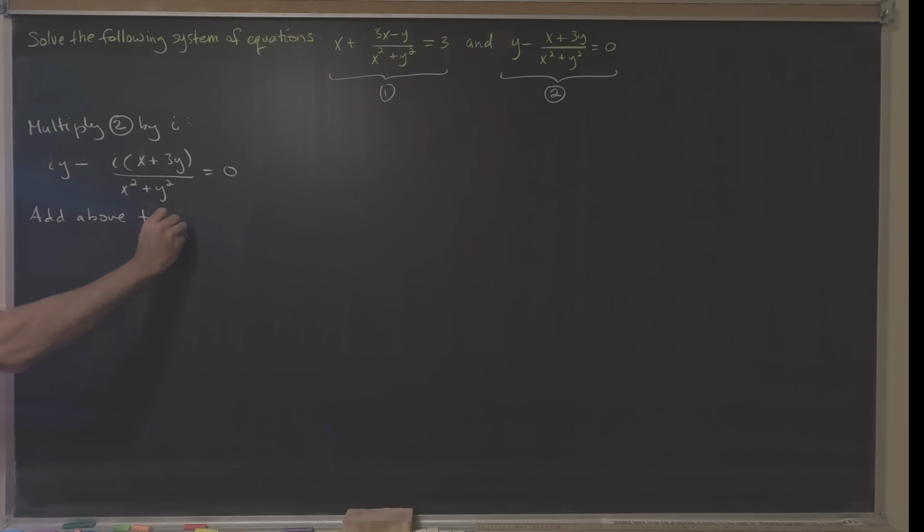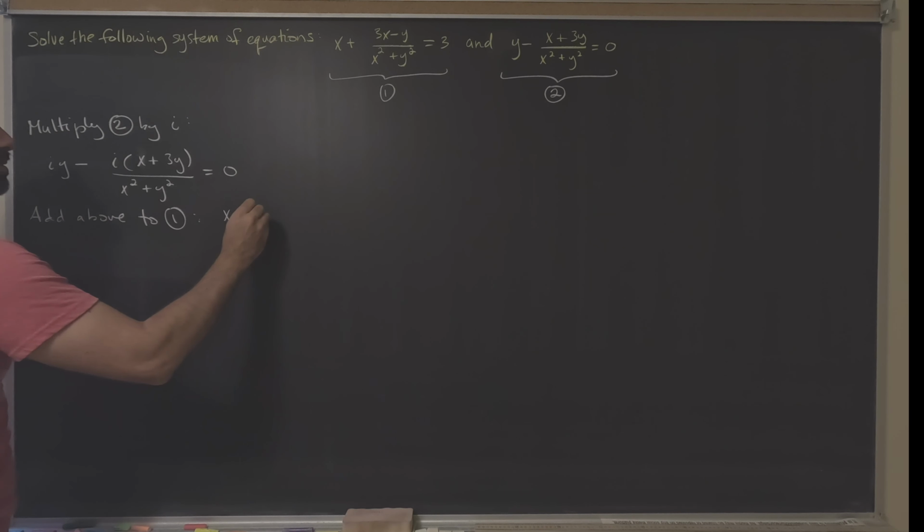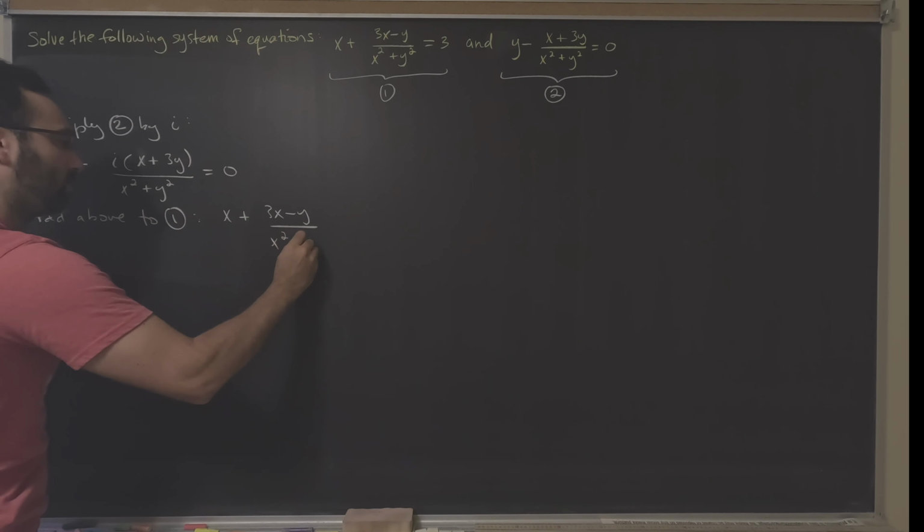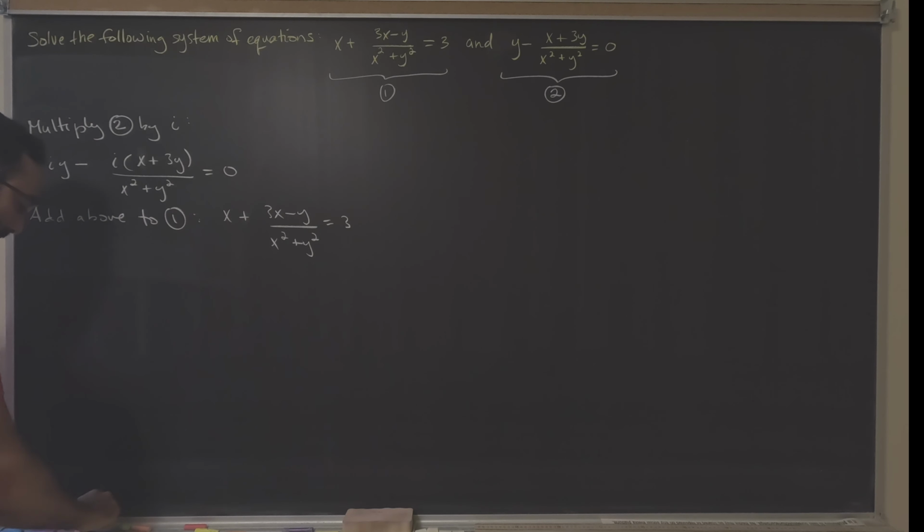And then we're going to add this equation to equation number 1. So here's what we have. Equation number 1. And we're going to add this new equation number 2 after we've multiplied it by i.